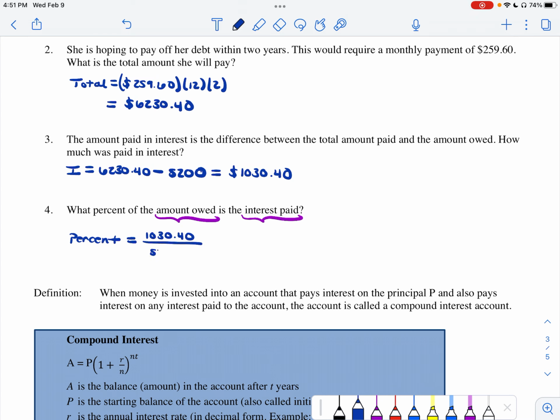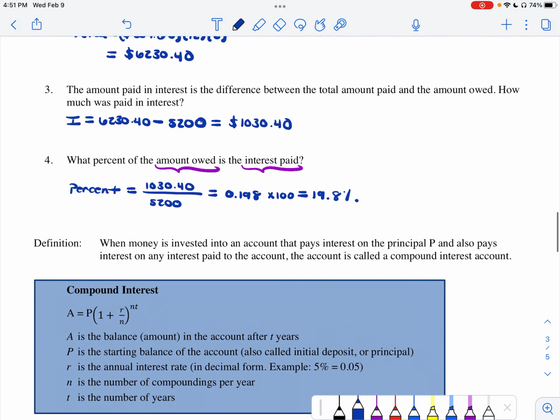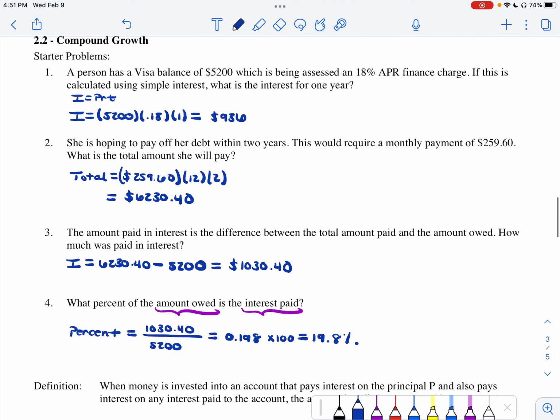The amount owed was the original $5,200. So if we divide these, that's going to give me 0.198. And if we multiply that by 100 to change it to a percent, that would be 19.8%. Okay. So she paid 19.8% of the original amount owed. All right, so that's just simple interest.